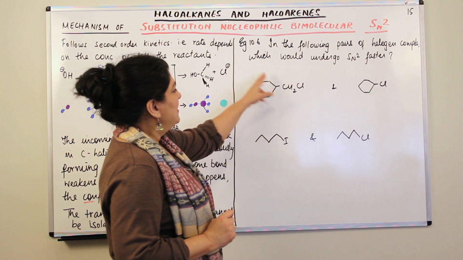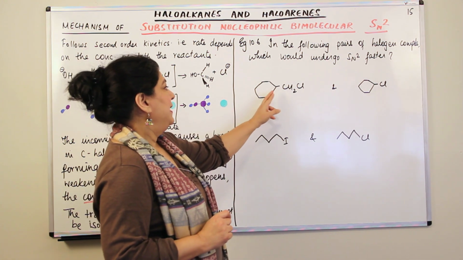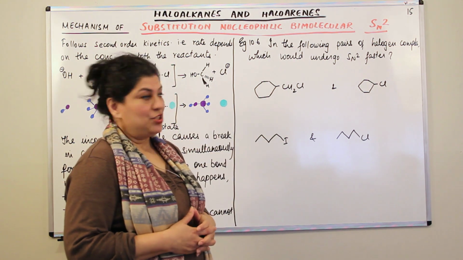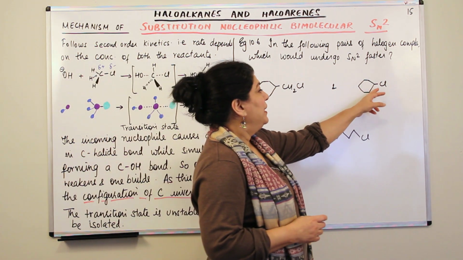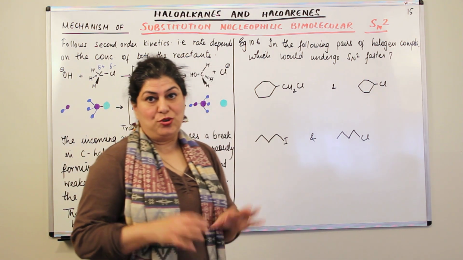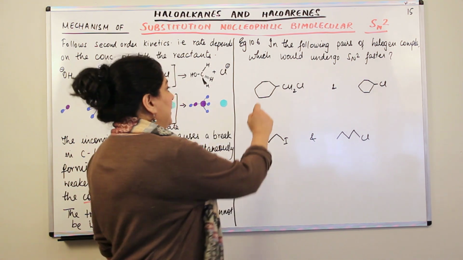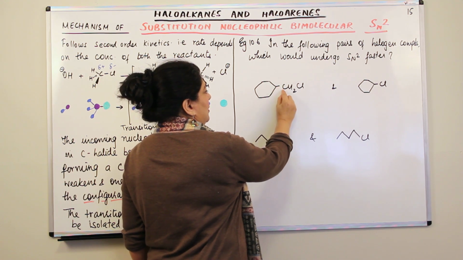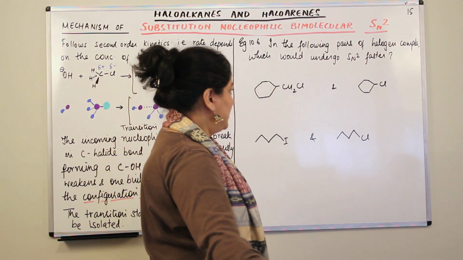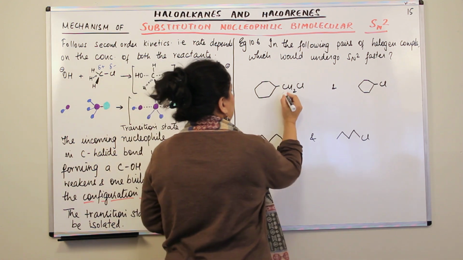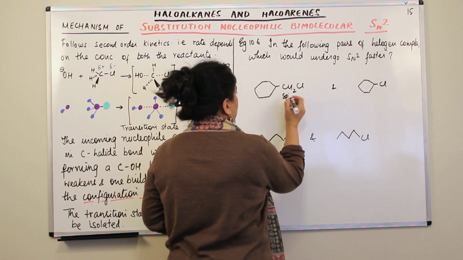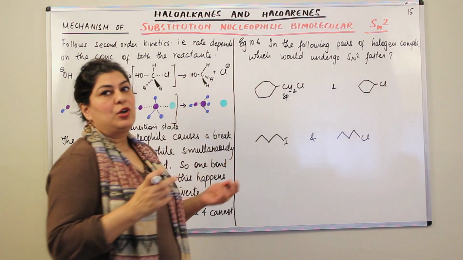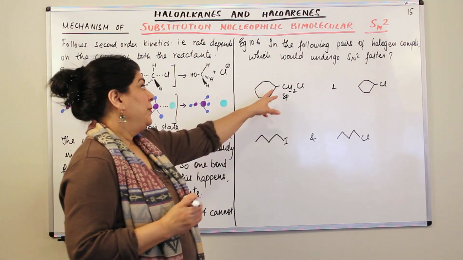The first one is cyclohexane to which CH2Cl is attached. And here you have the chlorine attached directly to the carbon of the cyclohexane. Now this carbon here is the alpha carbon in this case. The alpha carbon is sp3 hybridized, of course, and it is attached to 2 hydrogens and 1 chlorohexane and another carbon.